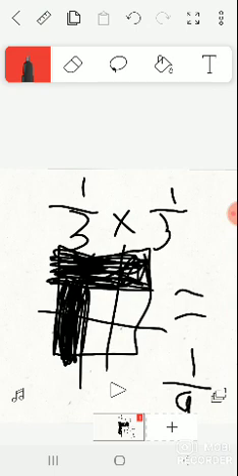You have the 3 squares, if I'm correct, and then you make it into the fractions.